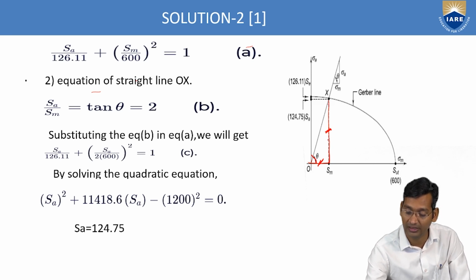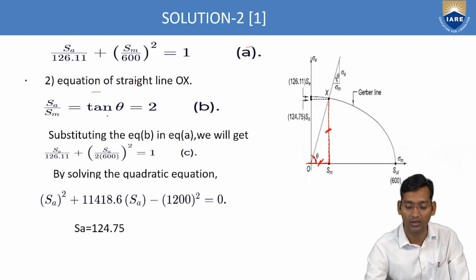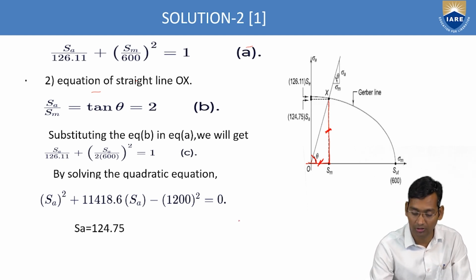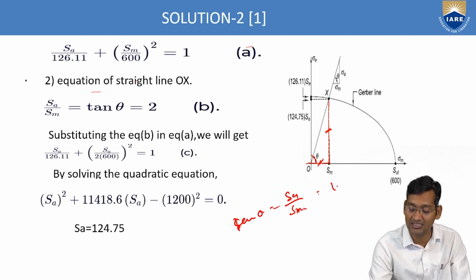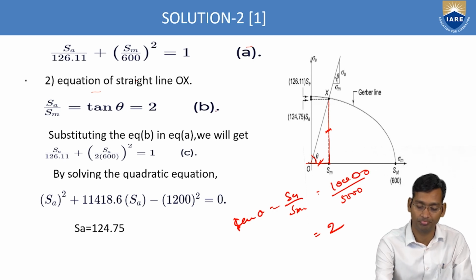SA by SM. So SA by SM is tan theta. Right? So after putting that one, what we will get? S tan theta equals to SA by SM. What we got? SA as 10,000 divided by SM as 5,000. So 2. So tan theta is equals to 2.